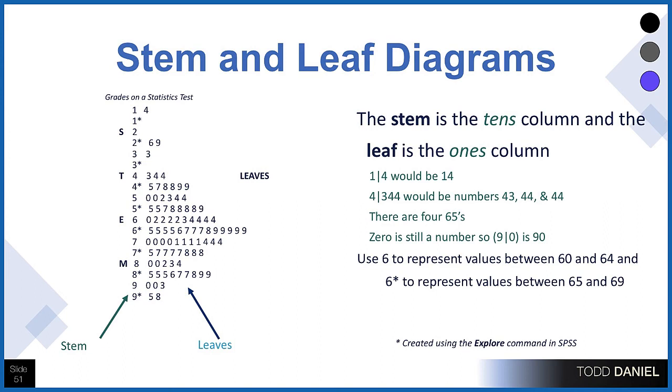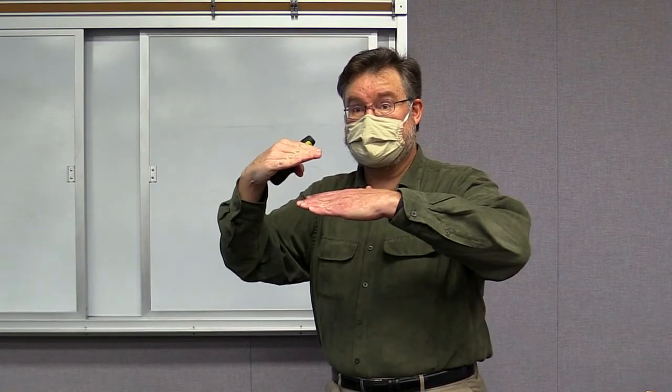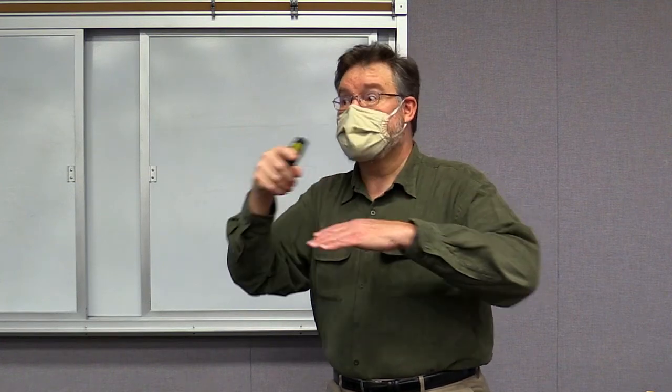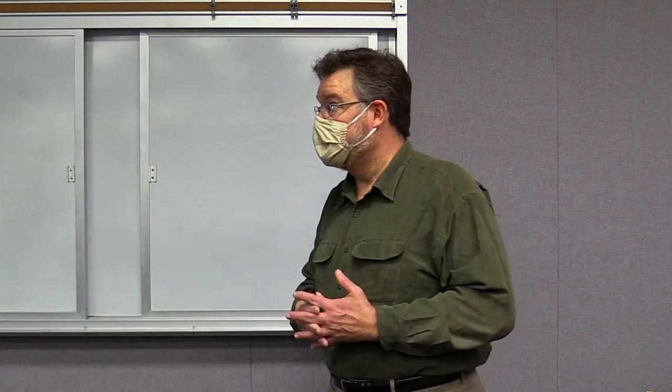If you look at the 6, it doesn't have an asterisk. Those are values that run from 60 to 64. The 6 with the asterisk would include scores that range from 65 to 69. So I've simply split the scores 0 to 4 and 5 to 9.